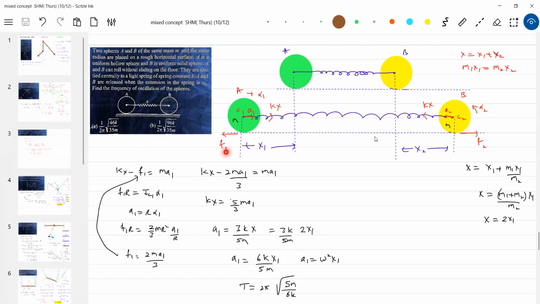Look at this F1 and F2. A is a uniform hollow sphere, and B is a uniform solid sphere. And B can roll without sliding on the floor. They're also tied centrally to a light spring. Okay, this is about the spring, x naught. Find the frequency of oscillation of the spheres.